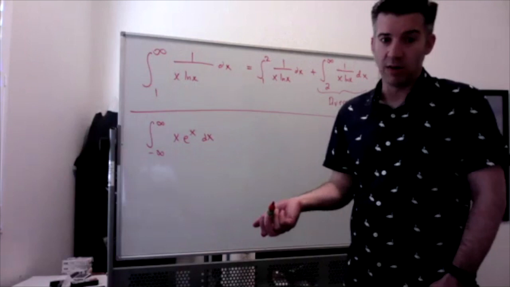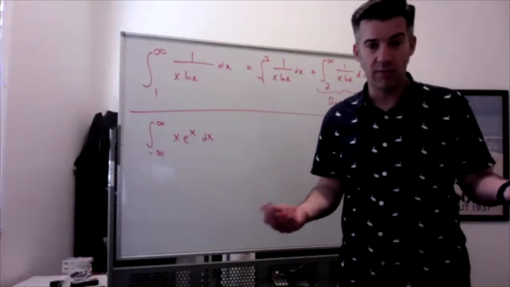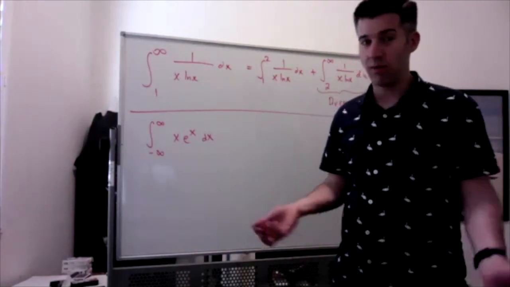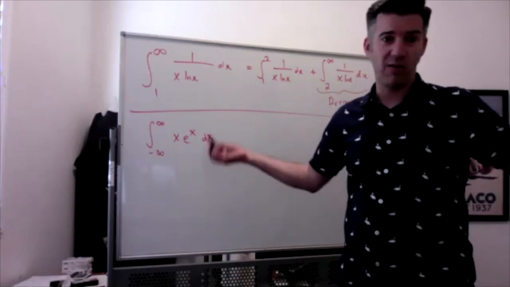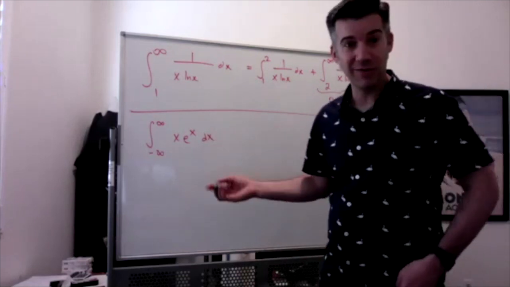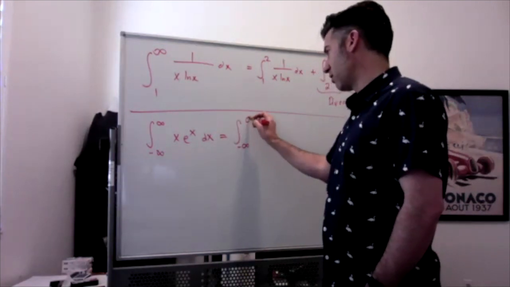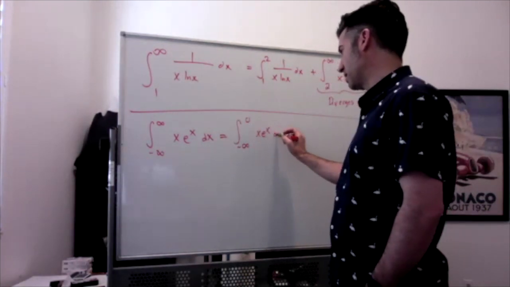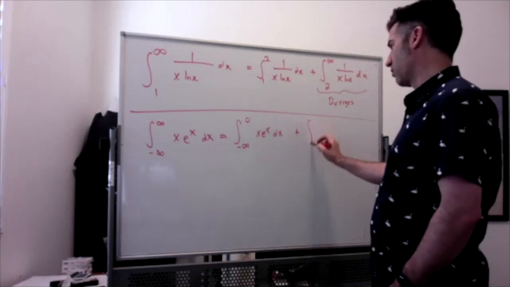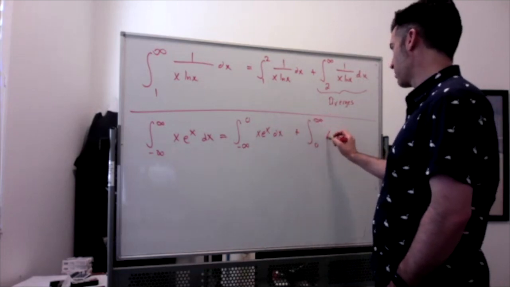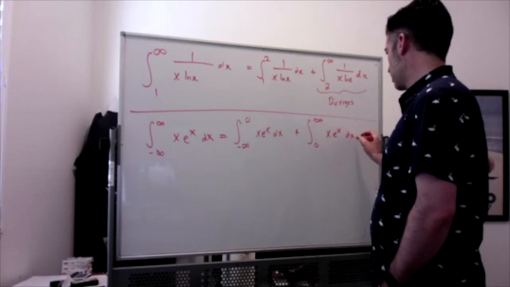Usually we break it up at 0 because that's the natural middle, but you can actually pick anything you want: 1 or 3 or pi or 8. I'm going to pick 0. So this is the integral from negative infinity to 0 of x e to the x dx plus the integral from 0 to infinity of x e to the x dx.